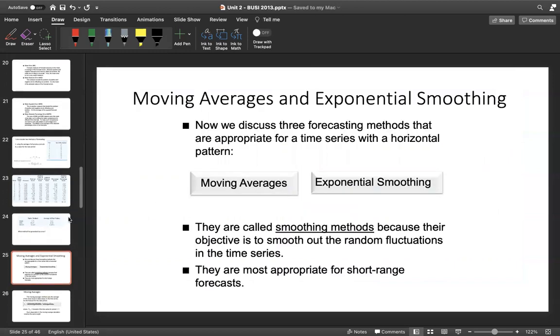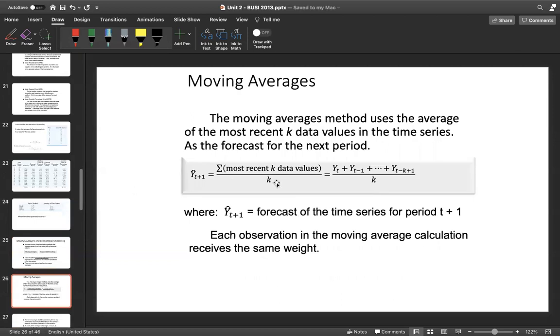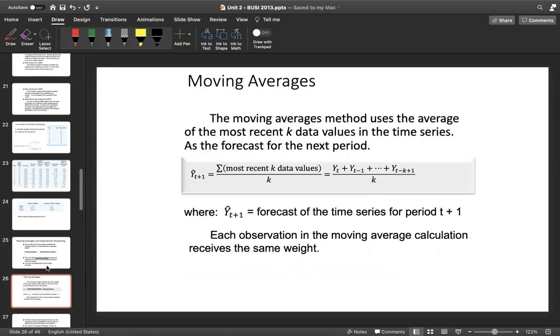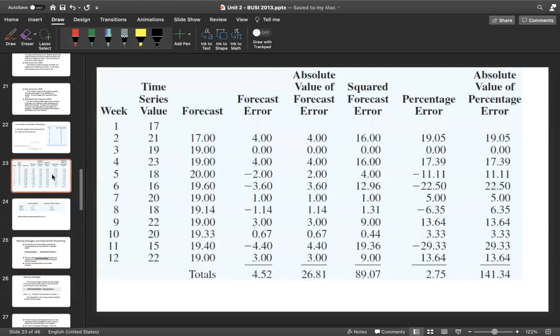Okay, so the other methods we can use are moving averages and exponential smoothing. What the first one means, moving averages, is that we consider an average, but the average moves.